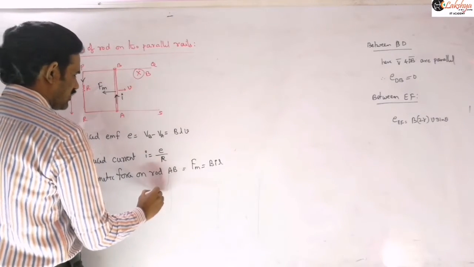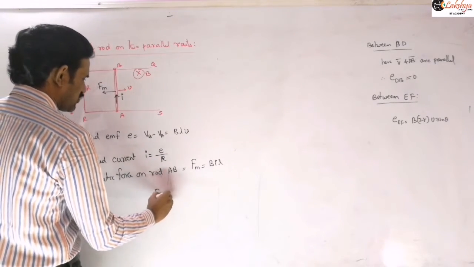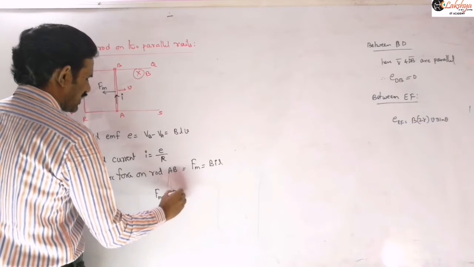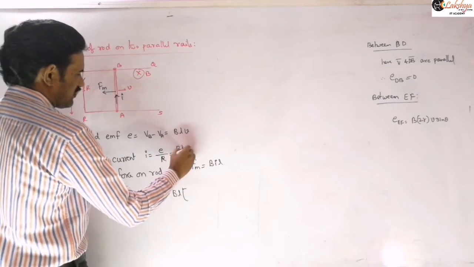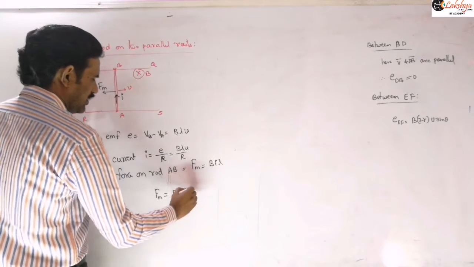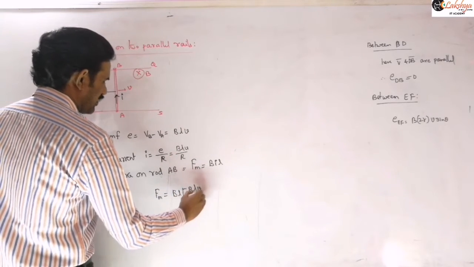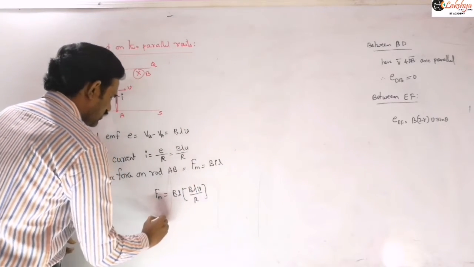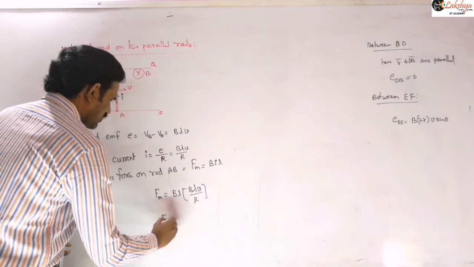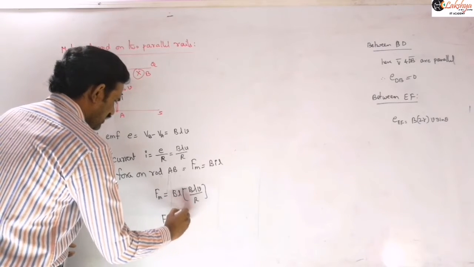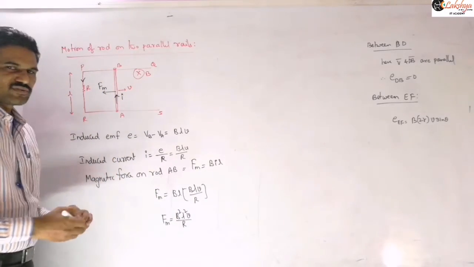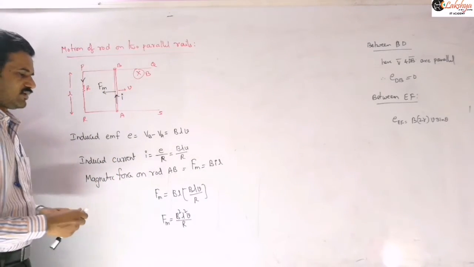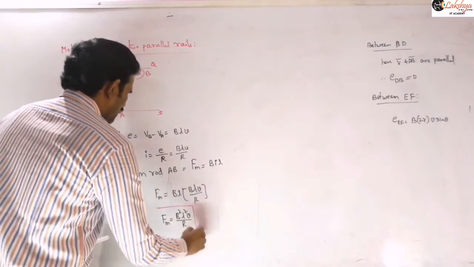So finally, BL into I, where I is E by R, and E is BLV, therefore it is BLV by R. So this magnetic force is equal to B square L square V by R. This will be the magnetic force acting on this conductor here, right?